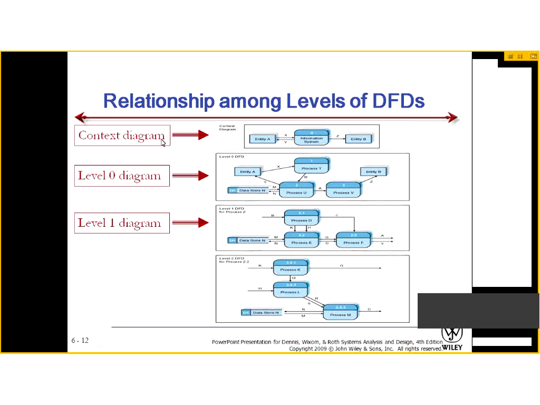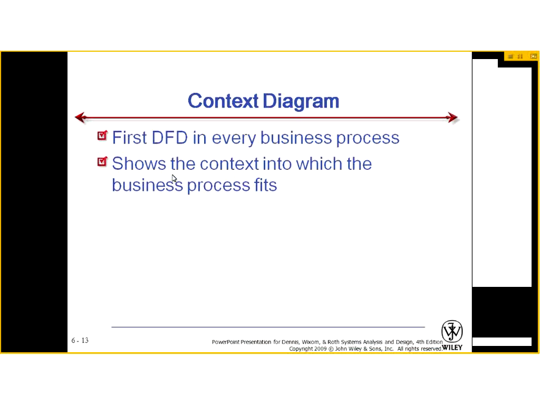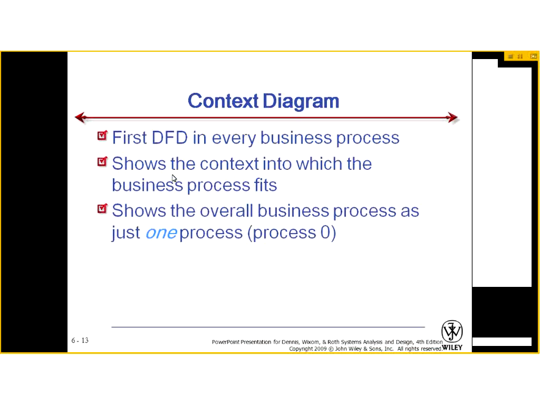So the topmost is the context diagram, then comes the level 0 diagram, level 1, and then level 2. Let's start from the context diagram, and how it's made. It is the first DFD in every business process. You show the context into which this business process fits, and you show the overall business process as just one process, and you label it as process 0.